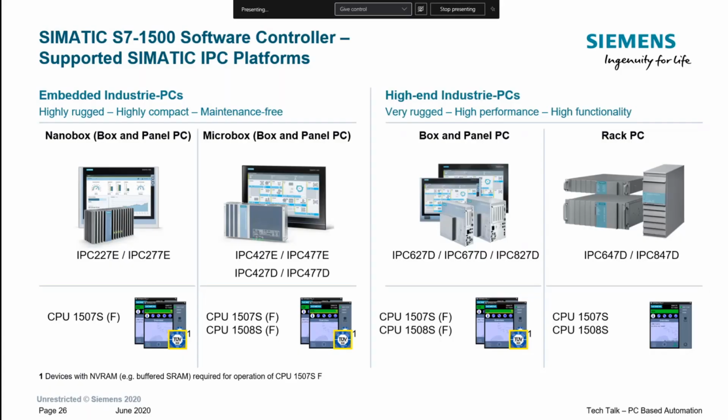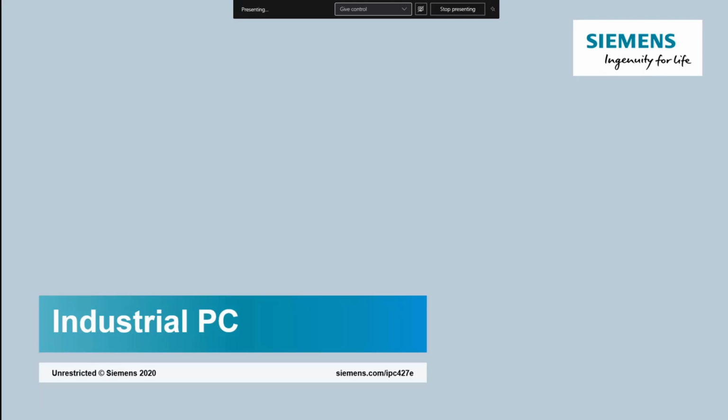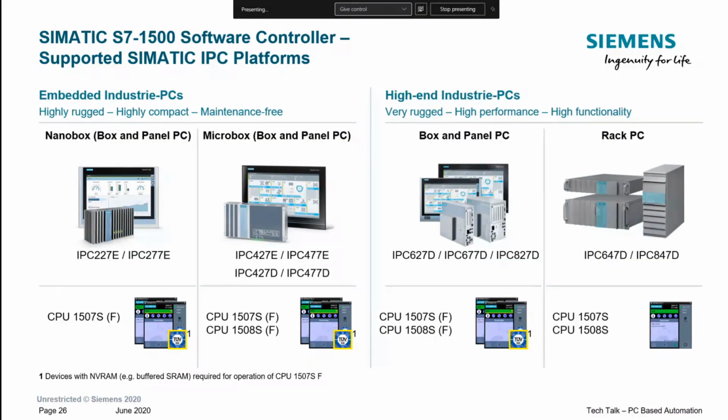Now, if we want a bit more horsepower, if we need a faster processor, then we are moving into the realms of using an IPC instead of an open controller. And there's pros and cons for doing this. So obviously the main pro for this is the additional speed. Maybe we want just more RAM and more CPU than is offered for the open controller.